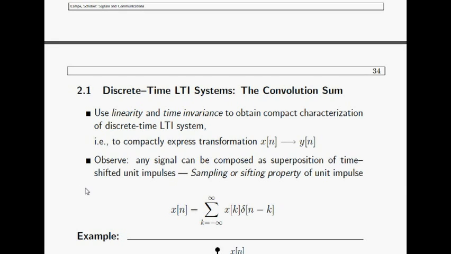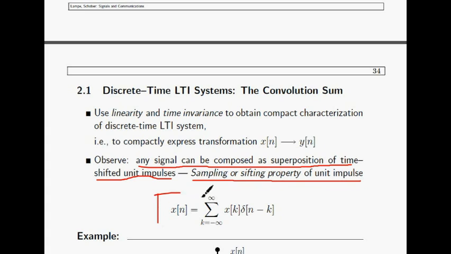The observation for this convolution sum is that any signal can be composed as a superposition of time shifted unit impulses, which is delta n in case of discrete, also called the sampling or shifting property of the unit impulse.